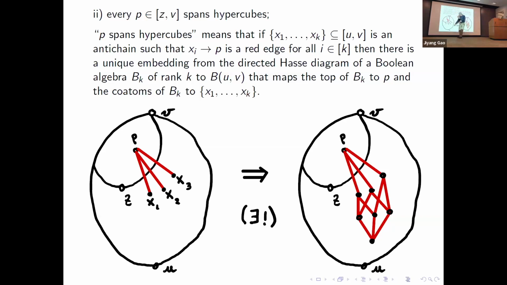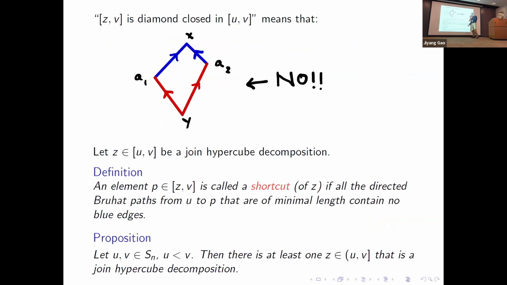So here, for example, I have my U, my Z, I have a P in here, and these three elements, S_1, S_2, S_3, are pairwise incomparable, there are red edges going into P, then it means that I have to see that hypercube appear, and I have to see exactly one of them.